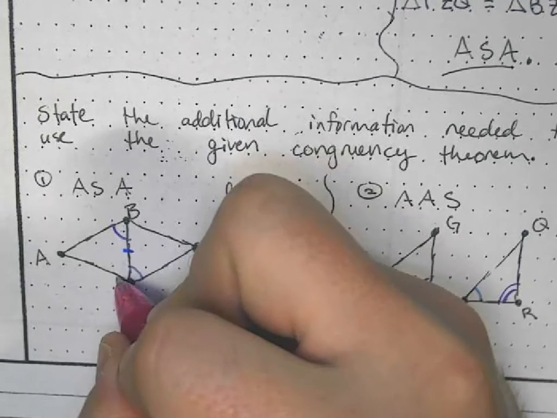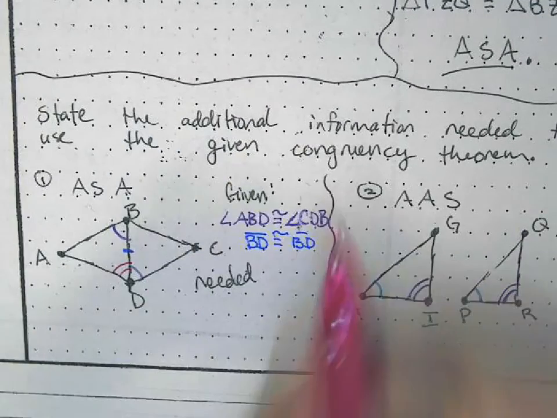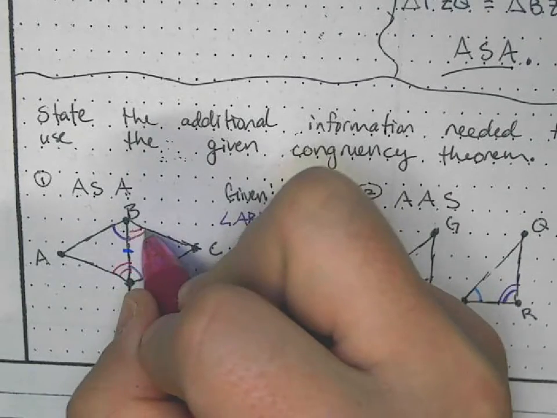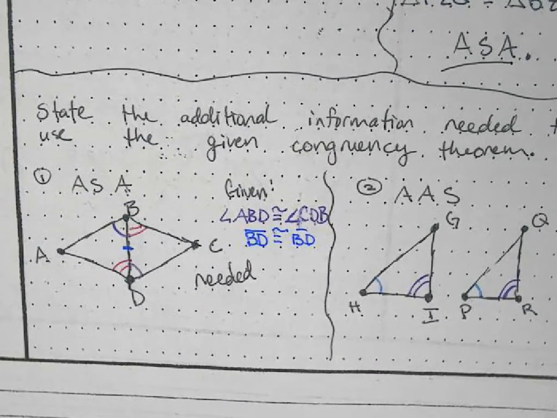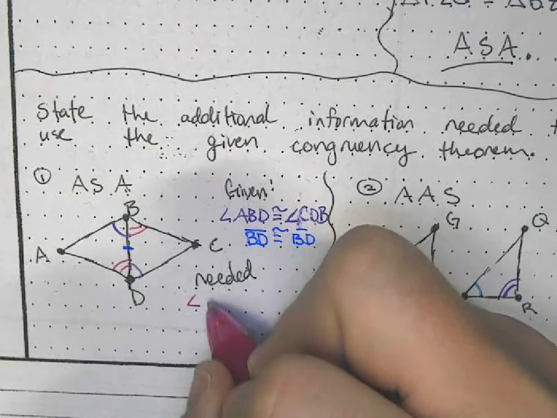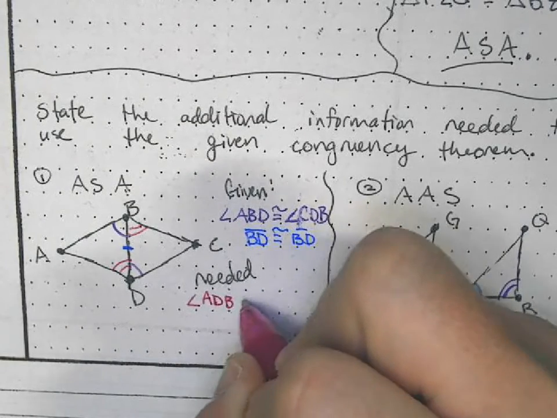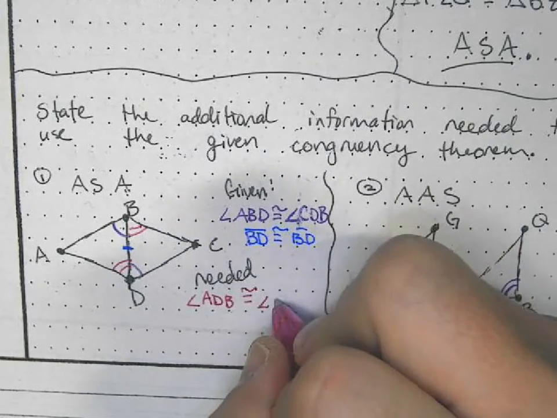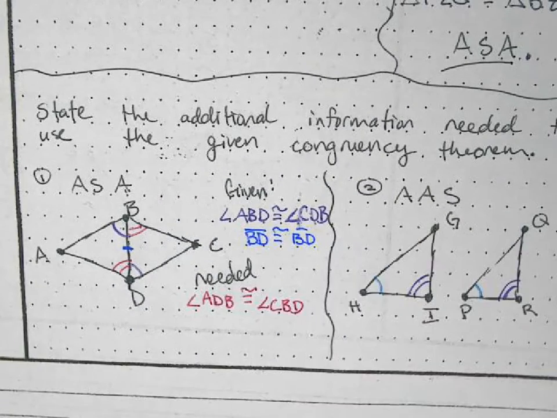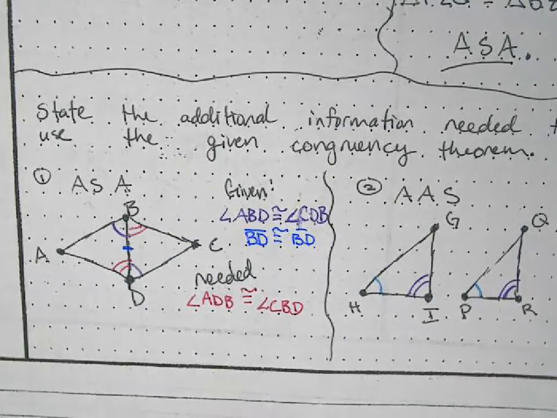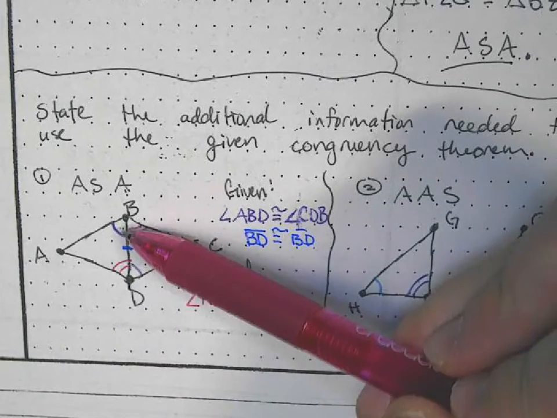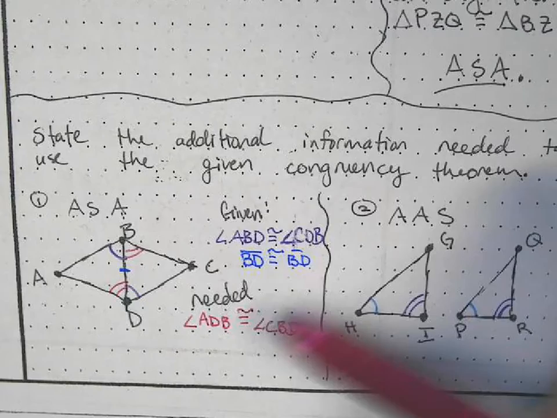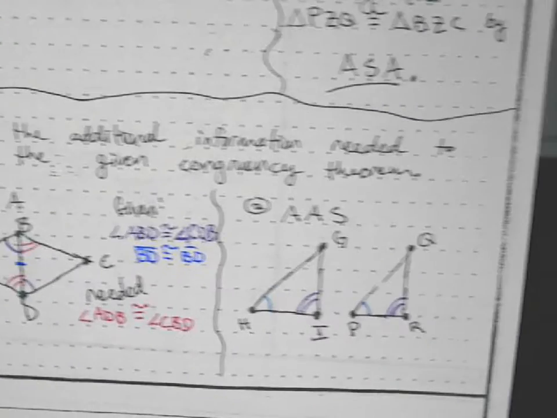So what is needed is angle ADB is congruent to angle CBD. So we were given the purple, and then we had to know that implied knowledge that a side being shared means it's congruent, and then we wrote down what we needed.